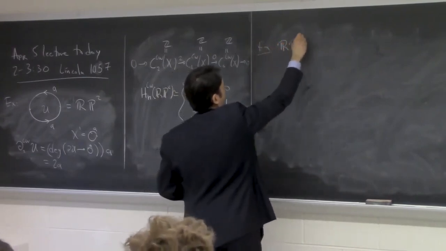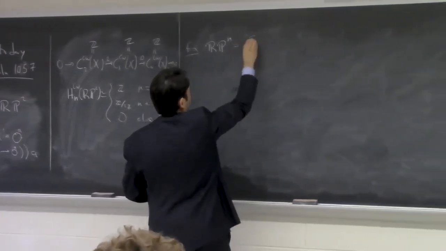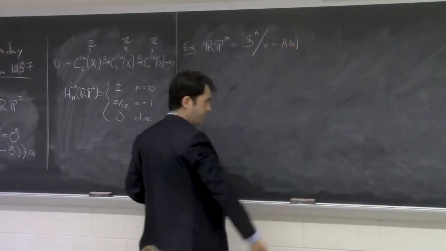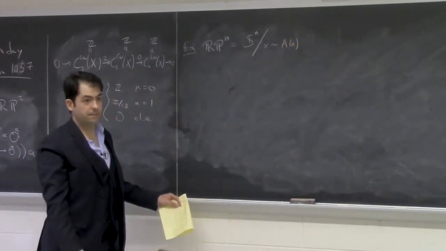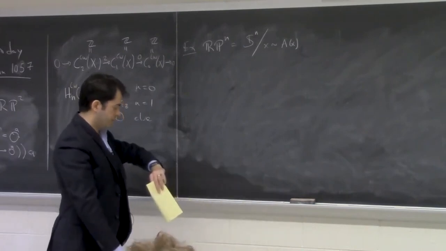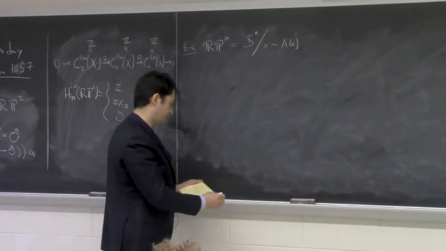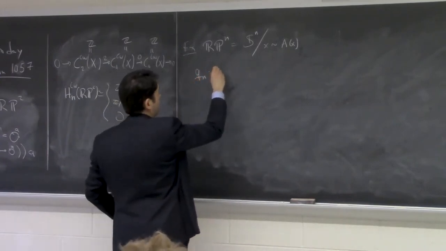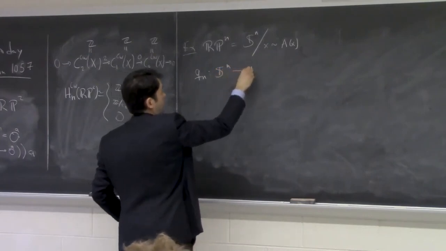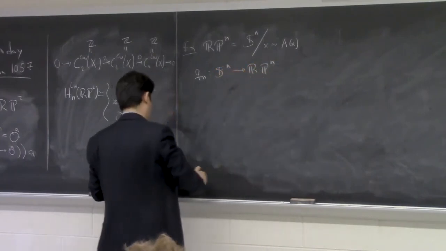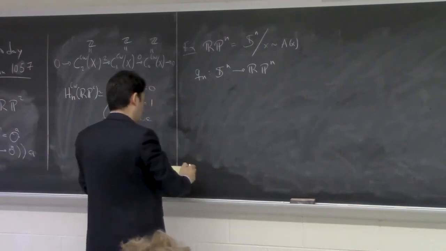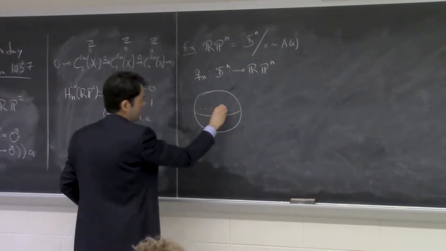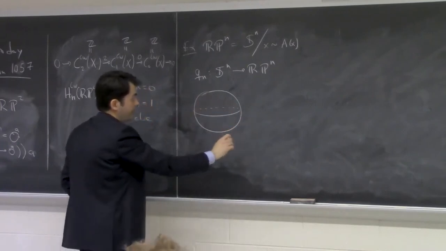Let's do RP^n, which, as you know, is what you get from S^n if you identify each point with the antipodal point. Let's write q_n as the quotient map from S^n to RP^n. And notice, let's draw S^2.